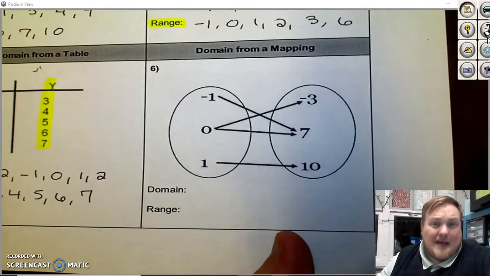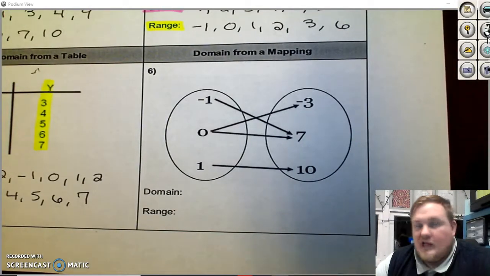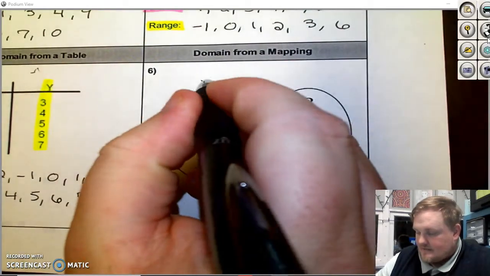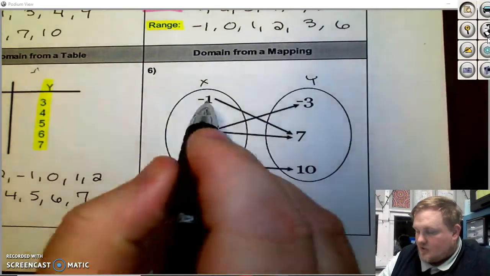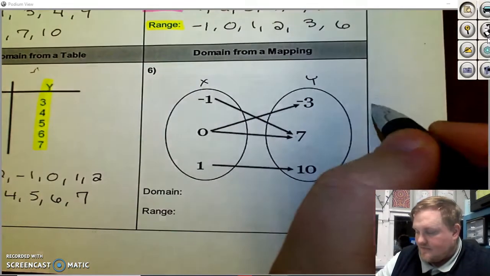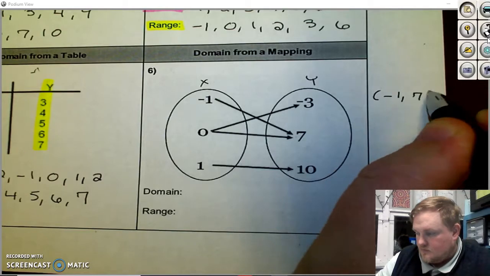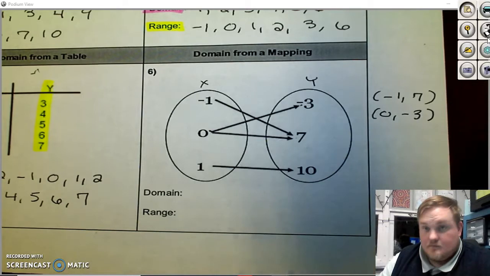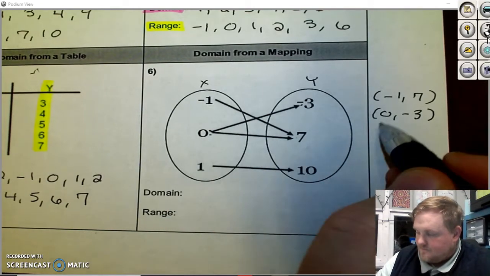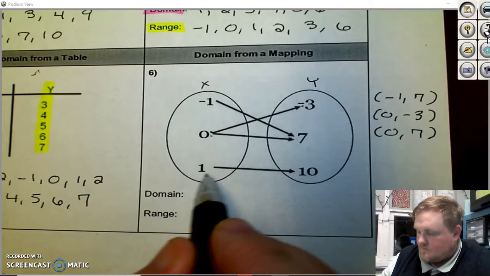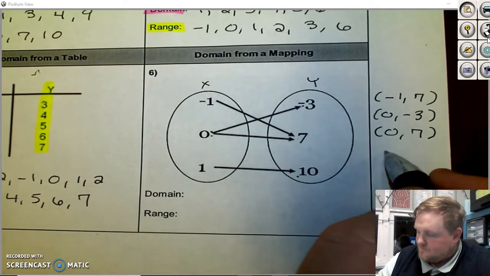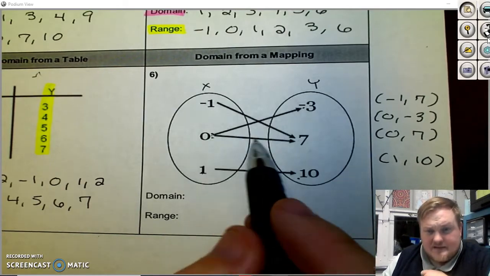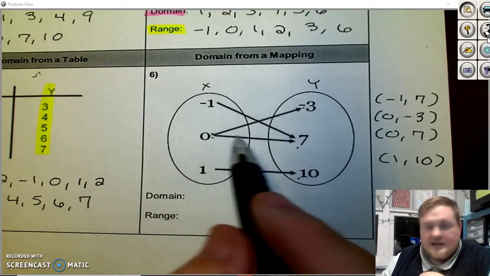And then sometimes you have mapping, okay, which are just ovals. They're a fancified way of writing ordered pairs. So for example, this will be your x column, that's your y column. So one of the ordered pairs is negative 1, 7, okay? I have 0 to negative 3, 0, 7, and 1, 10. The fact that the 0 has 2 lines coming from it means it has 2 partners.